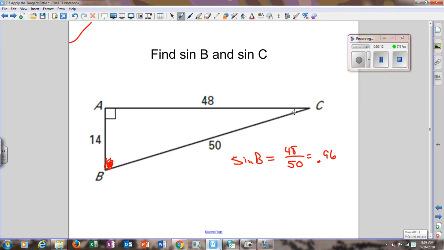Now about sine of C. If we're looking at sine of C, the side opposite that would be 14.